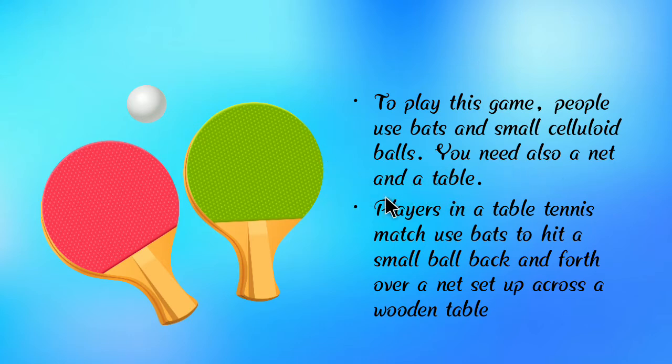Table tennis is a very interesting game, and players in a table tennis match use a bat to hit the small ball back and forth over the net set up across a wooden table. So in table tennis, players use a bat and ball, also a net and table.